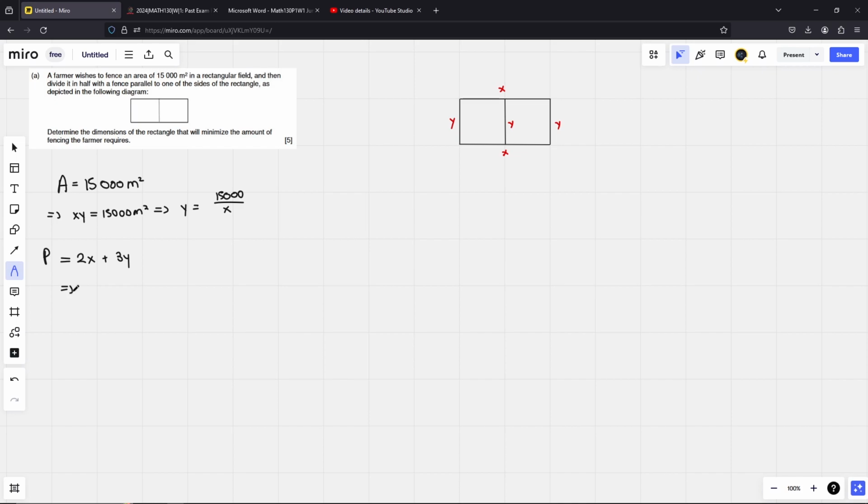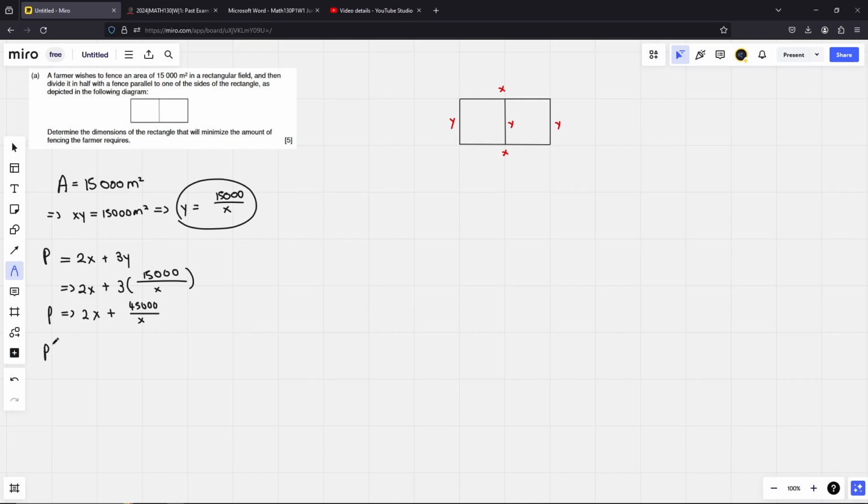Okay, so all we're going to do with this is sub it into our perimeter. So we can say that's the same thing as 2x plus 3, and this is our y, so this is going to be times 15,000 all over x. And let's simplify that even further. So 2x plus 3 times 15,000, that's going to be 45,000 all over x. Now let's take the derivative of the perimeter.